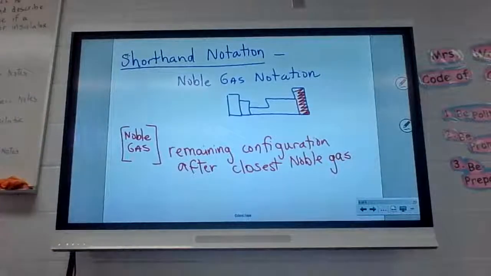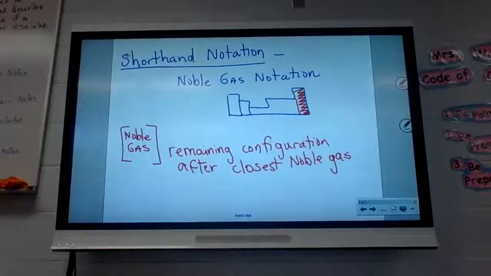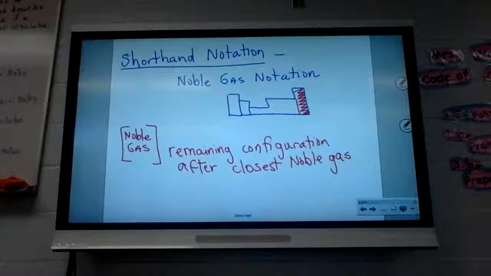Okay? So, you don't start at 1s. You write the rest of the configuration after the closest noble gas. We're going to write one for the one you just did to illustrate the difference because you have it in your notes.